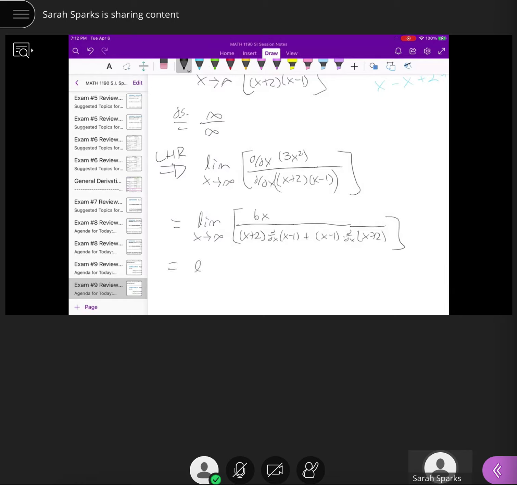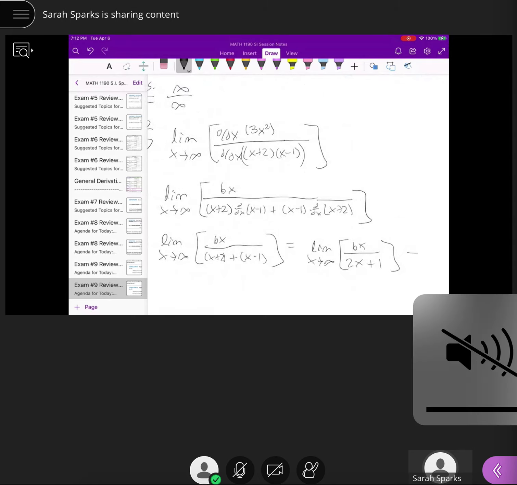So simplifying, we get the limit as x goes to infinity of 6x divided by x plus 2 plus x minus 1. So we have x plus x, that equals 2x, and 2 plus negative 1 is a positive 1, right?